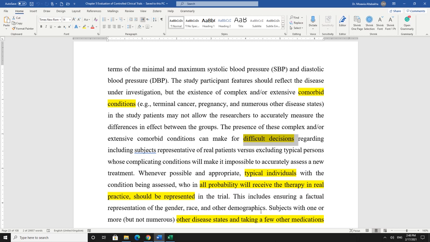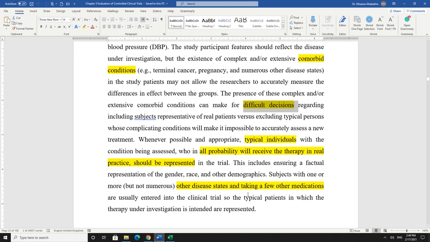Now the practitioners, they want to apply these results, they want to use the new medication, but they are having a problem because maybe in your inclusion criteria the subject demographics and characteristics are different from what the practitioners are used to. Okay, so normally subjects recruited will have maybe one or more accompanied diseases, but not so many.